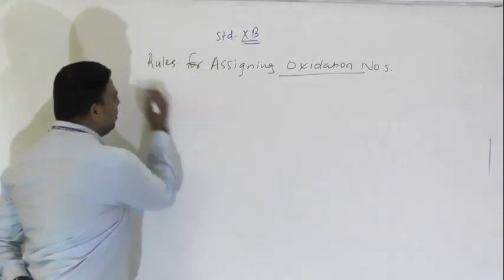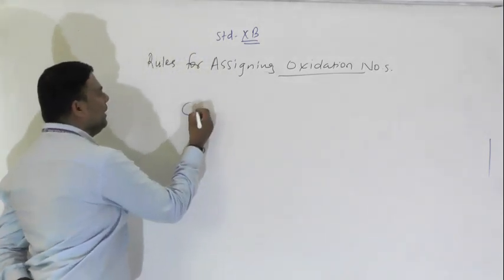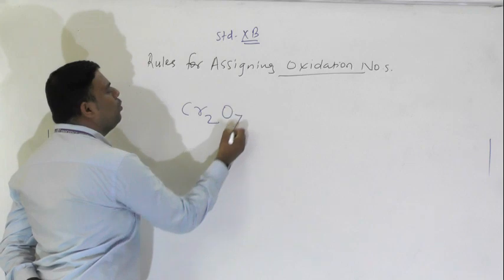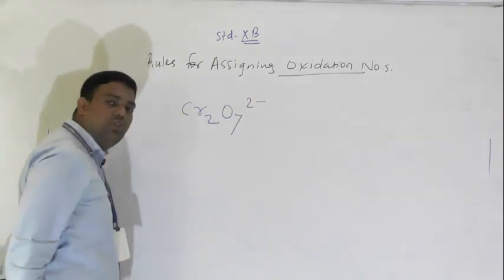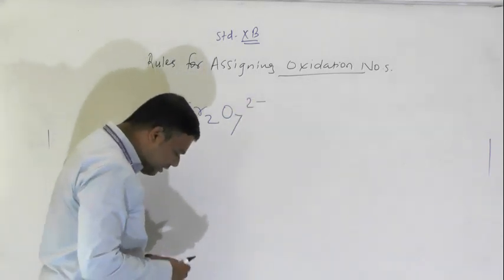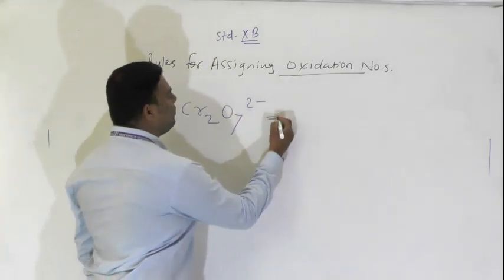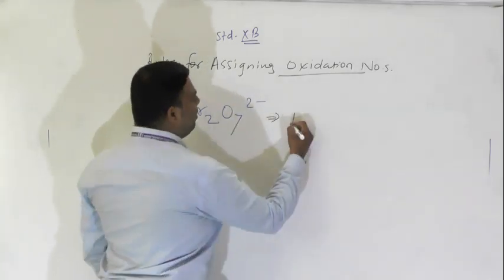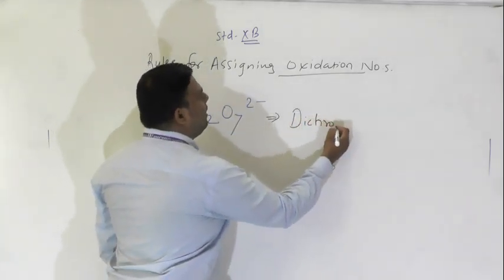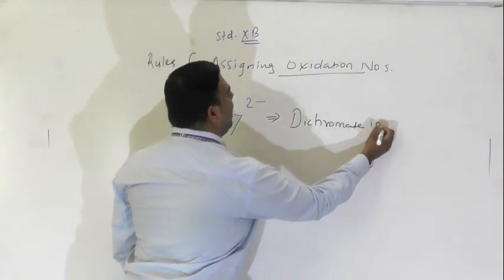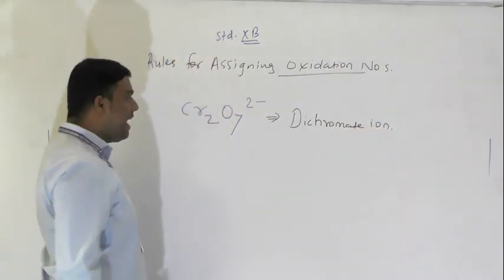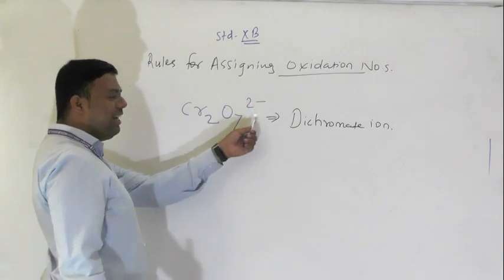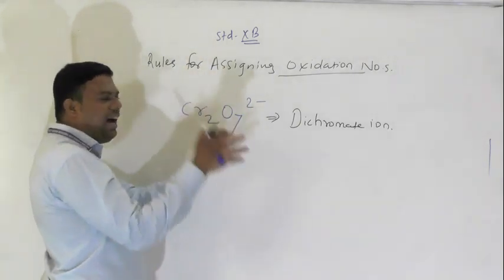Suppose Cr2O7 2 minus. What is its name? Dichromate ion. Either negative or positive charge, that is an ion.